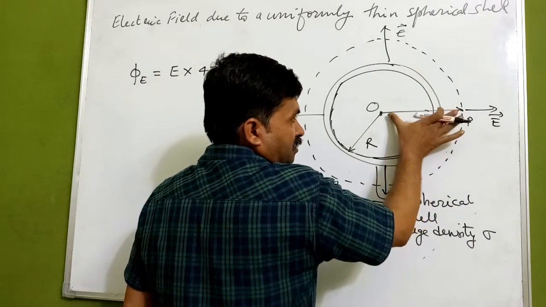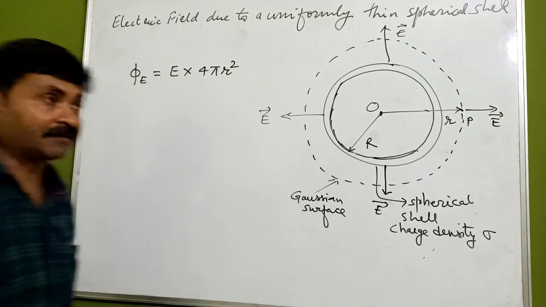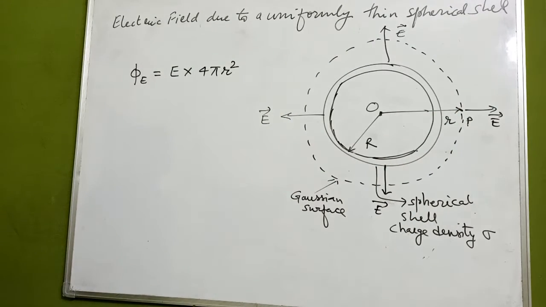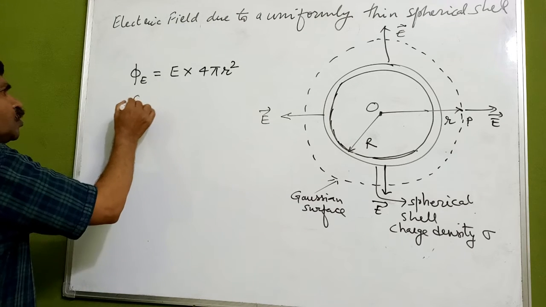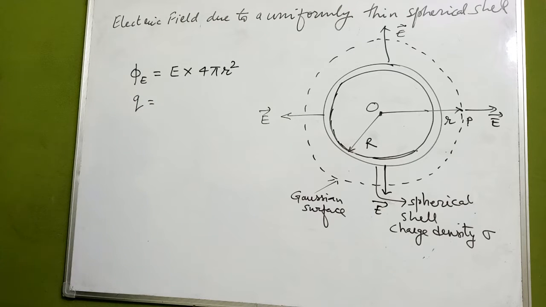Now, phi E according to Gauss's law, what is Q equal to?